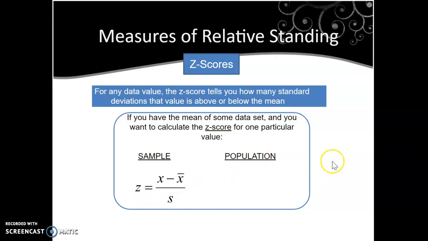The formula for the z-score given a population is exactly the same. We just use mu, the mean for the entire population, and lowercase sigma for the standard deviation of that population. But the formula is the same.